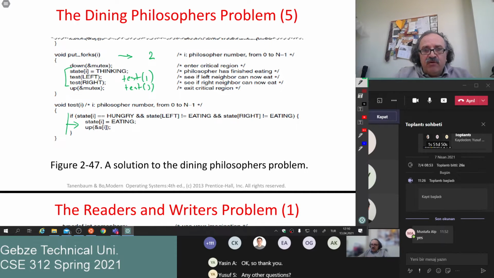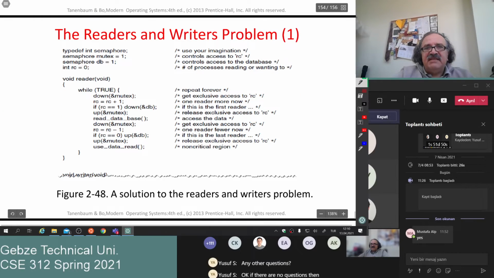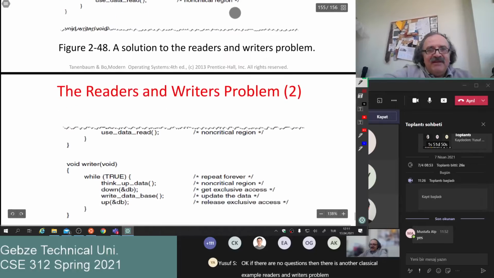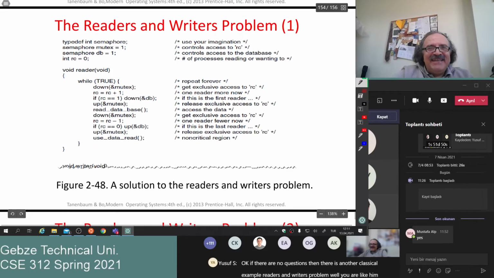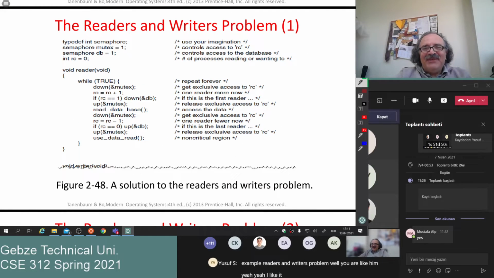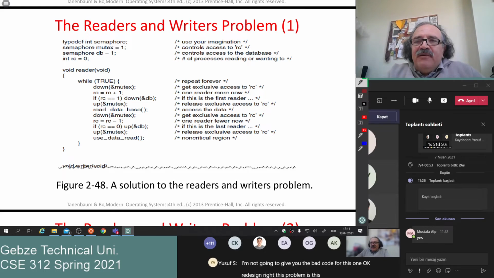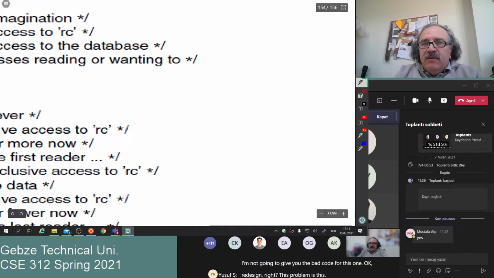Okay, if there are no questions, then there is another classical example, the readers and writers problem. Well, you are lucky. I am not going to give you the bad code for this one. Okay, the readers and writers problem is this. You have a database.